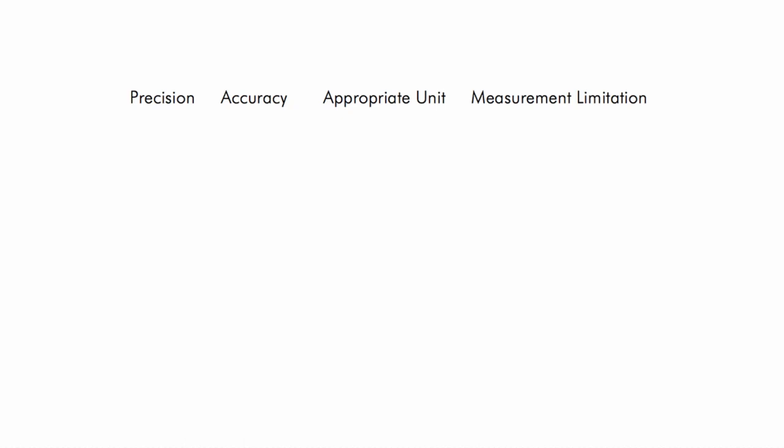So for our vocabulary today, we're going to talk about these 4 words: precision, accuracy, appropriate unit, and measurement limitation. This is one set of words. This is one as well. Although precision and accuracy are different things, quite different actually, today we're going to group them into the same category and generally talk about how precision and accuracy are talking about closeness.